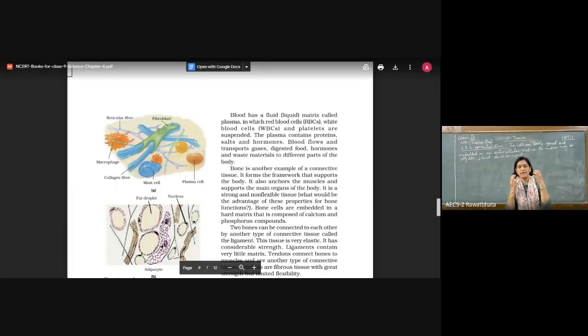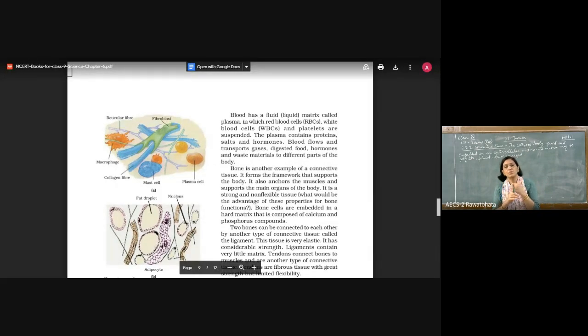So if I am given this question in the exam, write down the function of blood. First and foremost, of course, transportation of all these substances. And as far as the other cells are concerned, you are going to write the function of those cells as the function of blood.